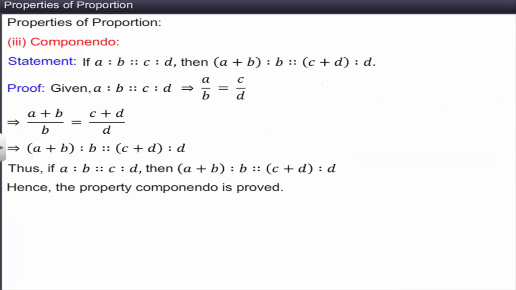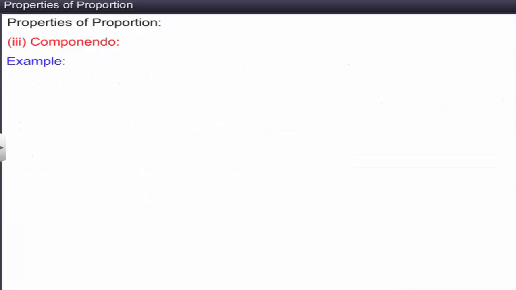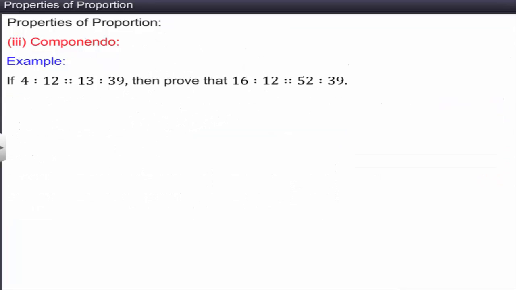Now, let's look at an example. If 4 is to 12 is as 13 is to 39, then prove that 16 is to 12 is as 52 is to 39. Given 4 is to 12 is as 13 is to 39. This can be written as 4 divided by 12 is equal to 13 divided by 39.